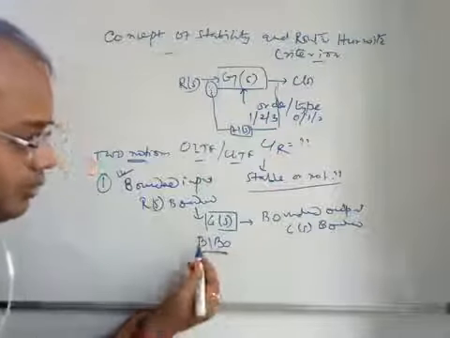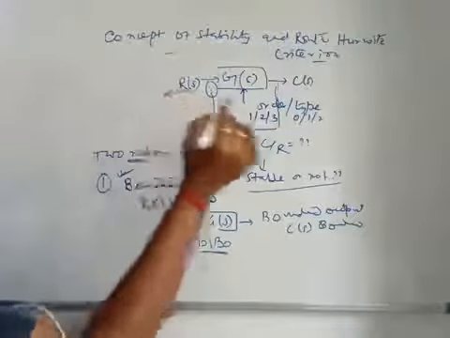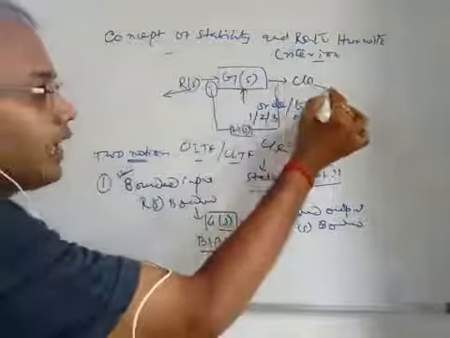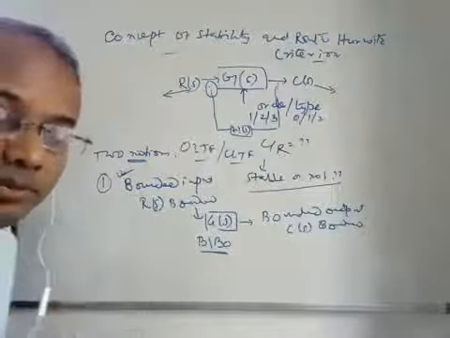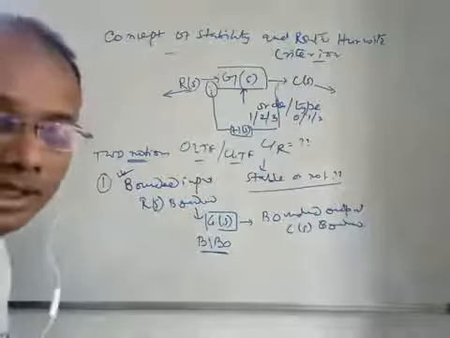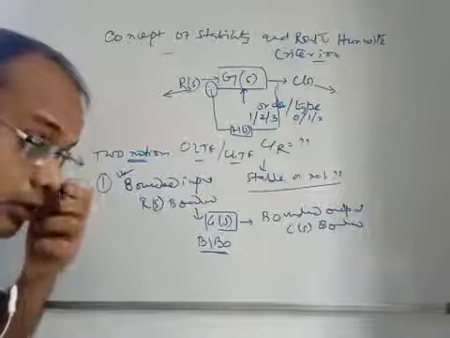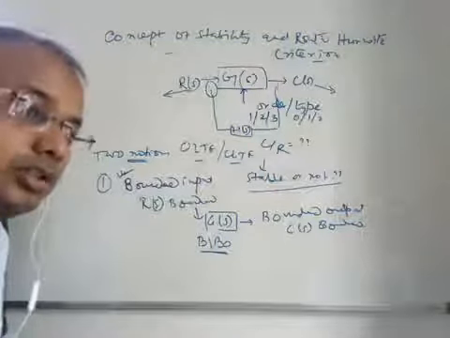BIBO stability means bounded input, bounded output. I repeat, if the input is bounded and the output is bounded, the system is stable, but provided the input must be bounded. If you apply an unbounded input to any system and you are getting a bounded output, that can be stable.